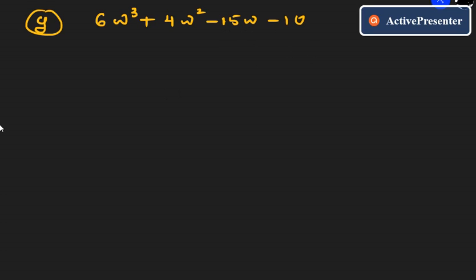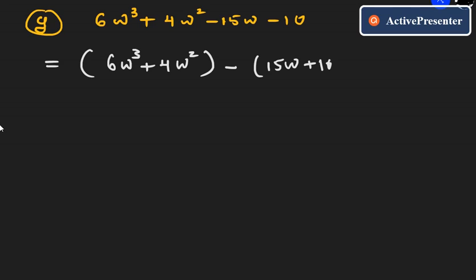Continuing our answer, when grouped, we will group 6w cubed plus 4w squared together, minus, us outside, we would have here 15w plus 10. Okay, now take the greatest common factor. Here it is, 3, no, it is 2w squared, open parenthesis, we would have 3w plus 2.